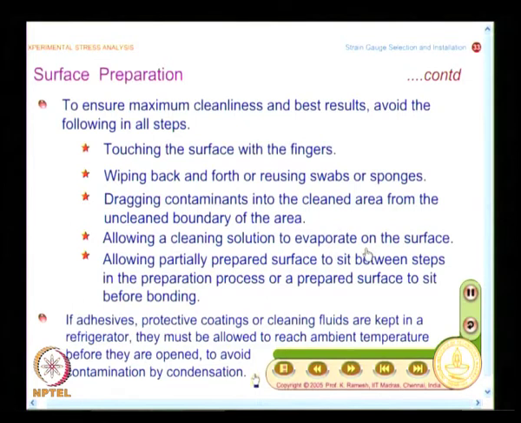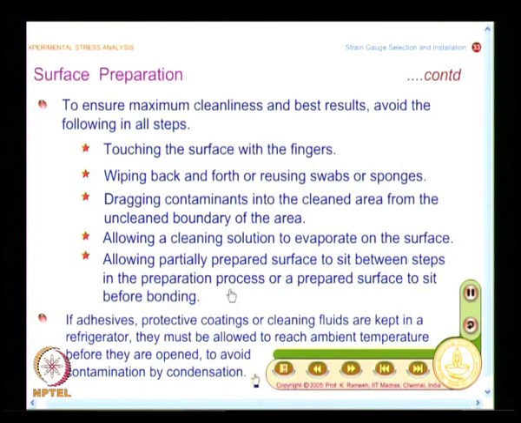When they evaporate, they leave a residue. The recommendation would be to wipe it dry with a sponge rather than allow it to evaporate. If you allow it to evaporate, you will have a residual thin coating formed on the surface.